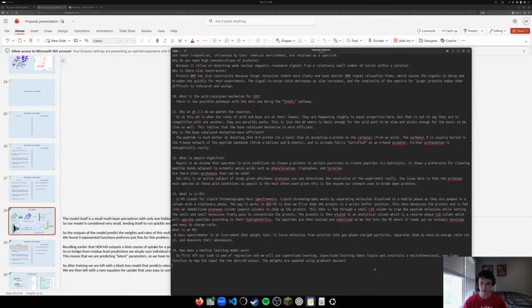So the question here is, how does a machine learning model update its weights?